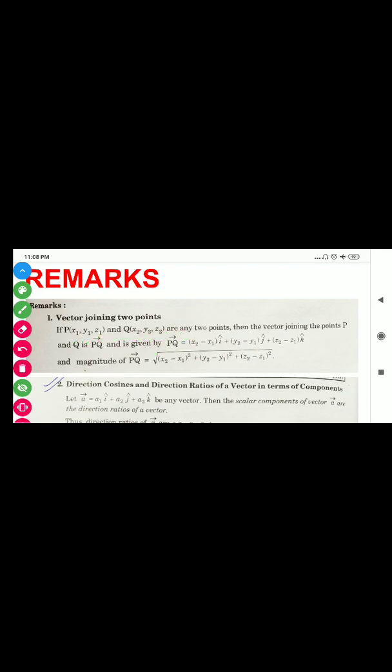Next we have the direction cosines and direction ratios of a vector in terms of components. Students, in the previous lecture, I explained the concept of direction cosine and direction ratio. Now, how can we calculate the direction ratio and cosine?